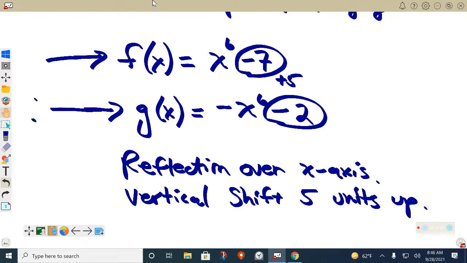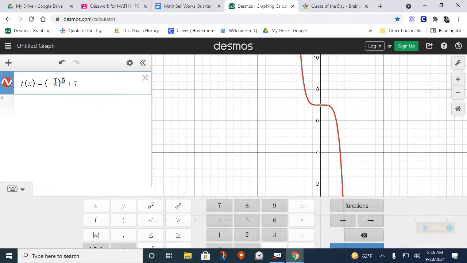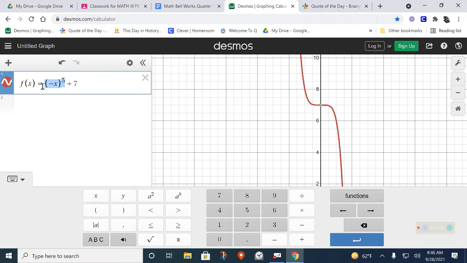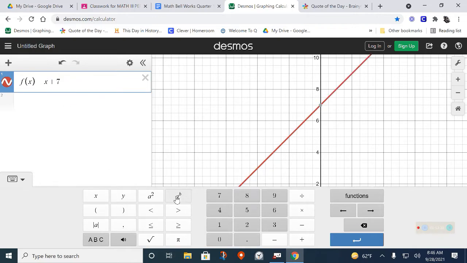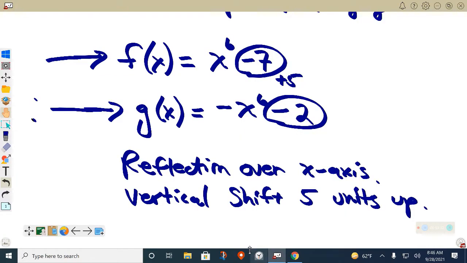So let me graph f of x and g of x. Check it out. x to the 6 minus 7.